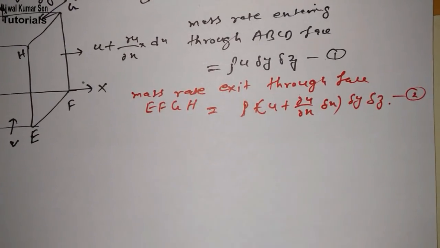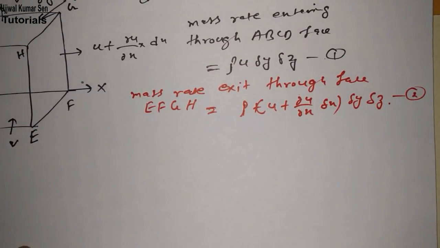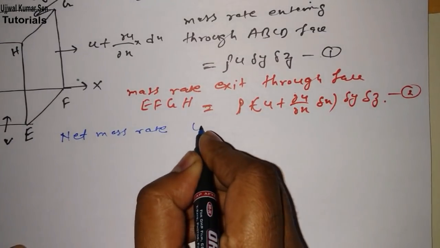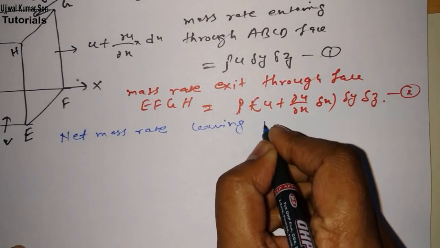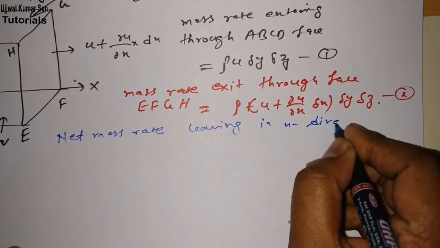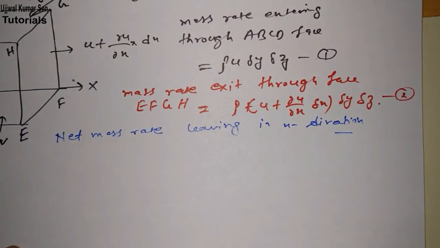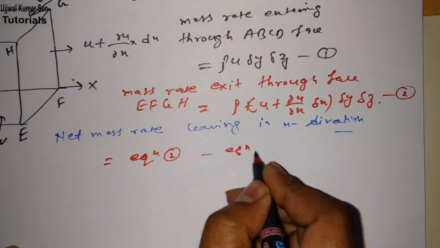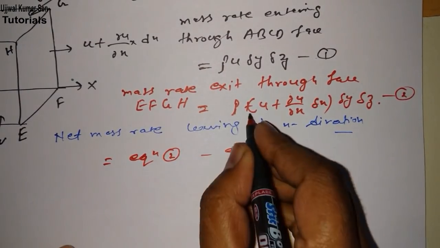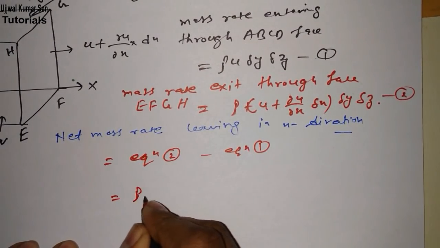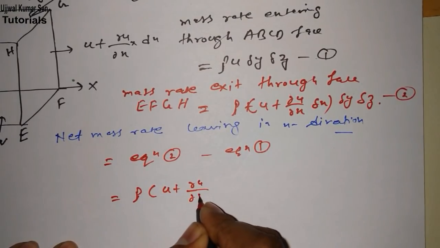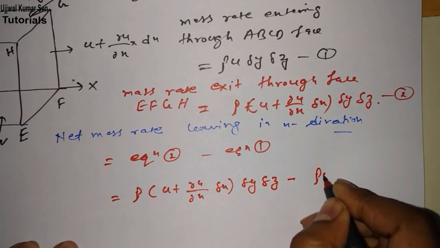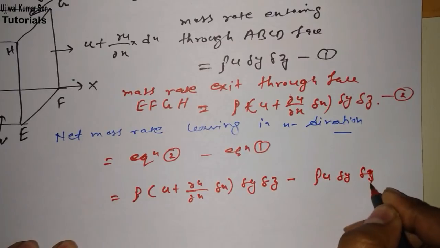Are you getting my point? So what we have to find is the net mass rate leaving in the x direction. We do one thing: equation 2 minus equation 1. Simple. Now write down equation 2: rho u del y del z plus rho ∂u/∂x del x del y del z, minus rho u del y del z.